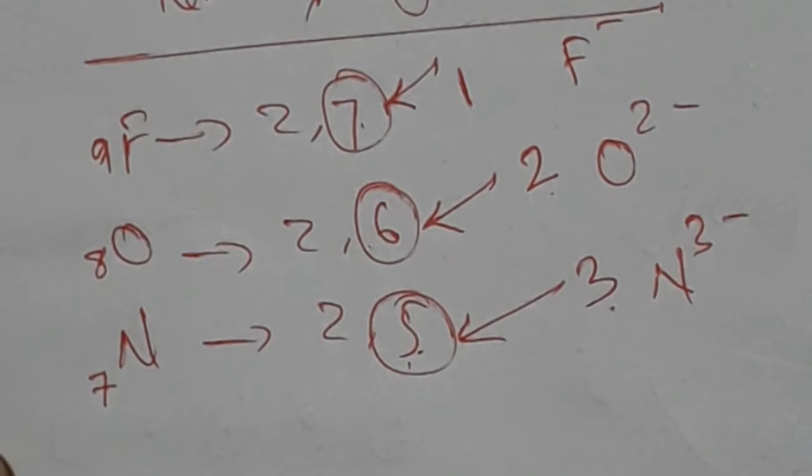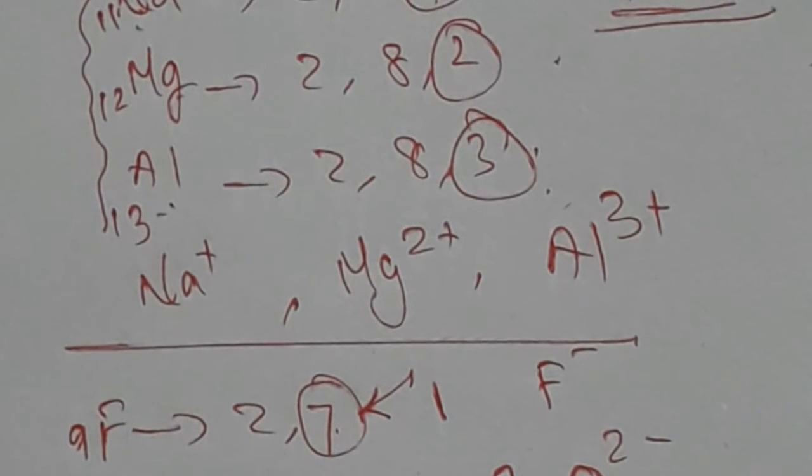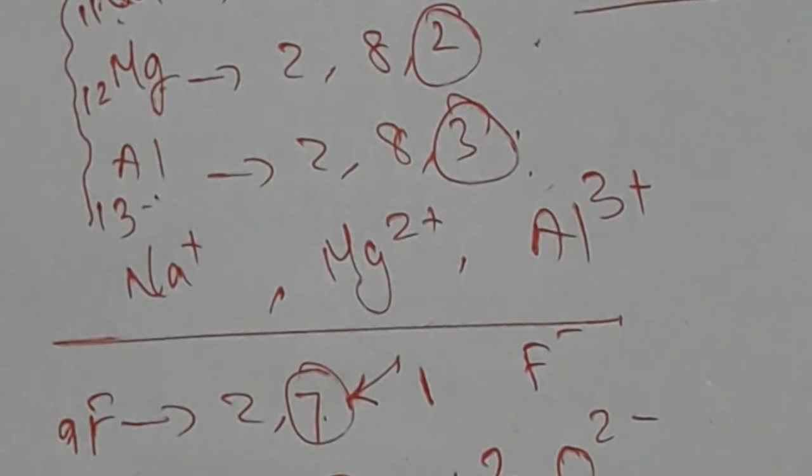Nitrogen receives 3 electrons, N3 minus. So you have to understand that generally metals lose electrons and get positive charge, except hydrogen. Hydrogen is an exception: it forms H plus even though it is a non-metal.